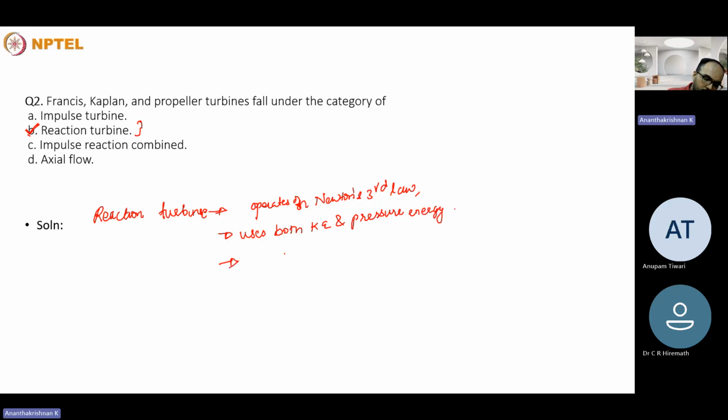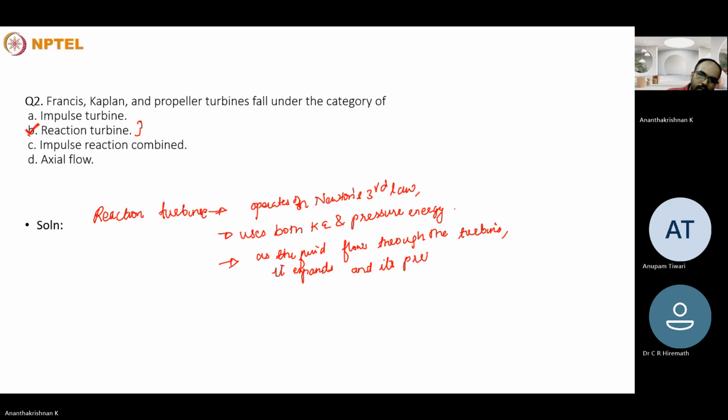As the fluid flows through the turbine, it expands and its pressure decreases. This results in the rotation of elements.